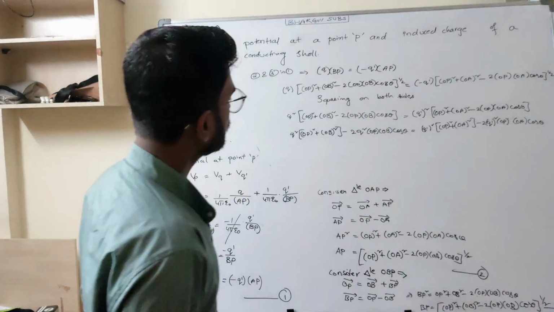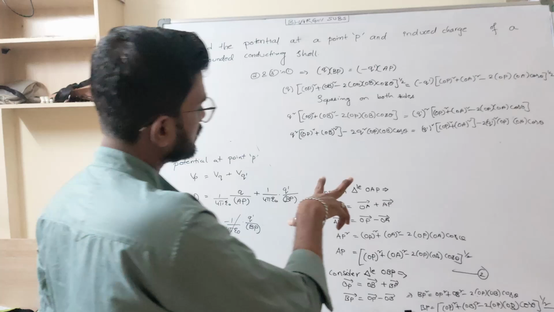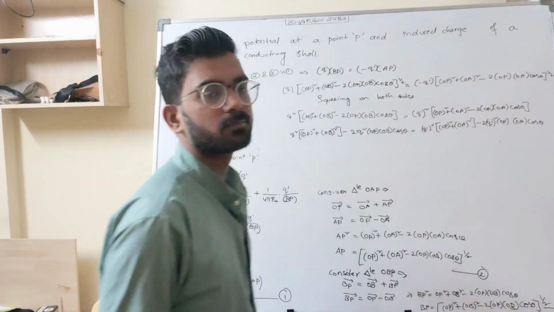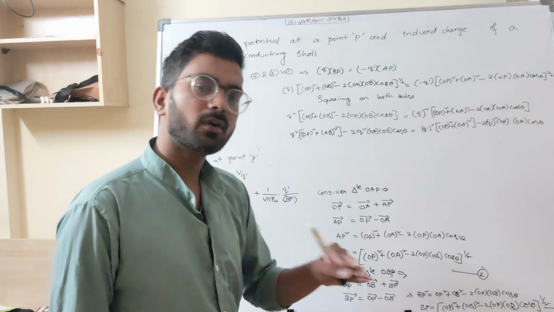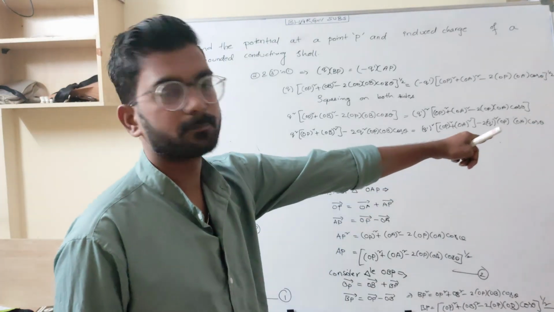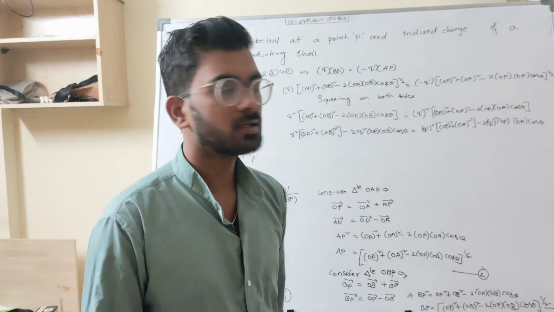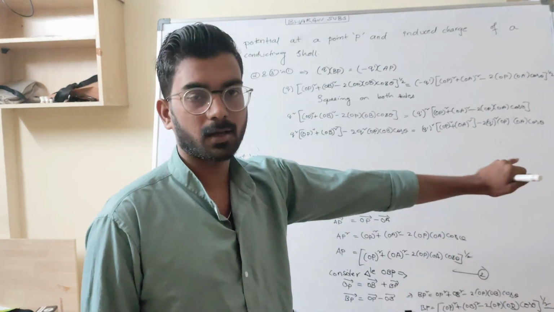So these two equations, the left hand side and right hand side, are equal, this was true for all angles of theta, when the cos theta should disappear.